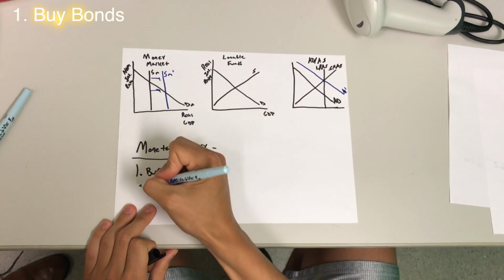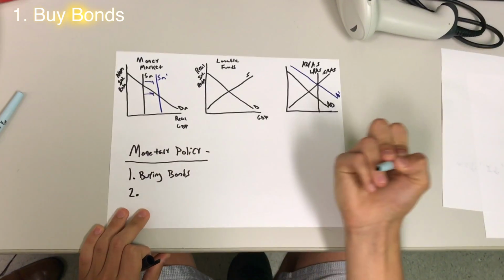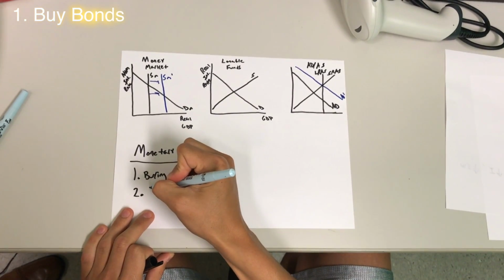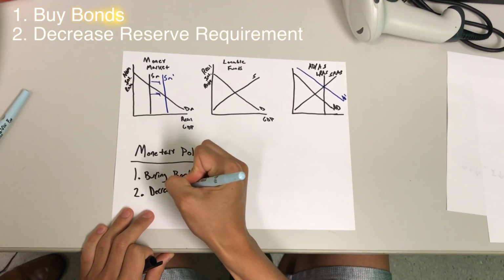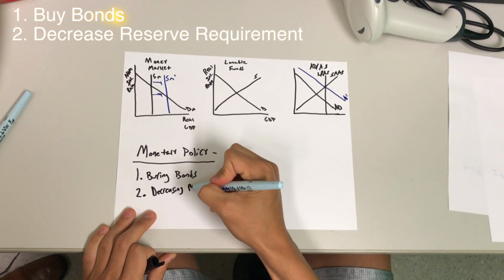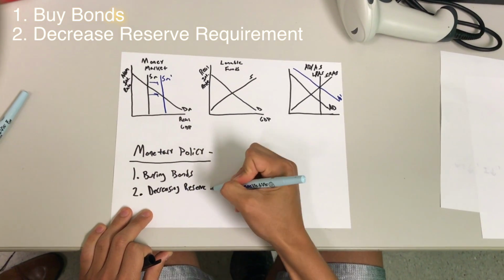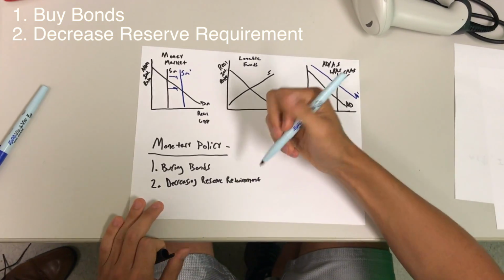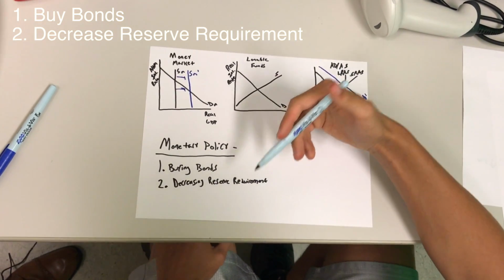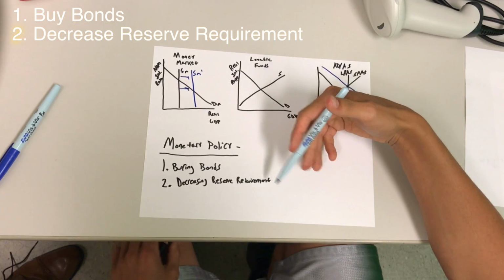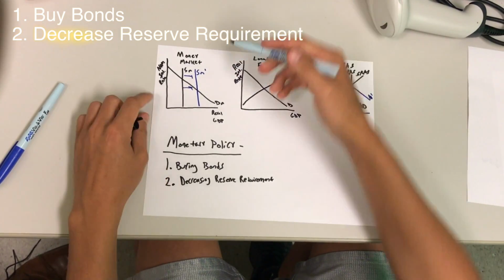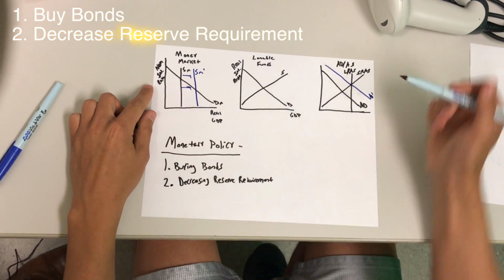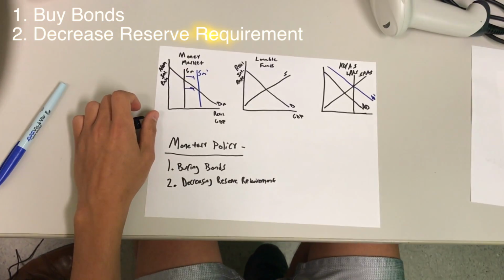The second way is by decreasing the reserve requirement, and what this does is it requires that the bank has less in reserves, so the money supply increases again. So you'll see the same thing on this graph, and then AD will shift again.